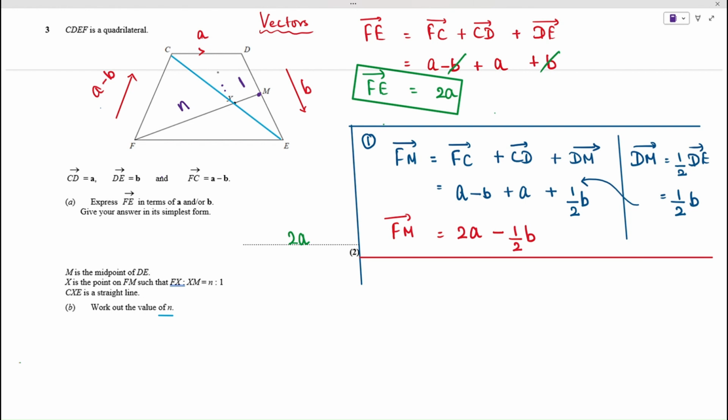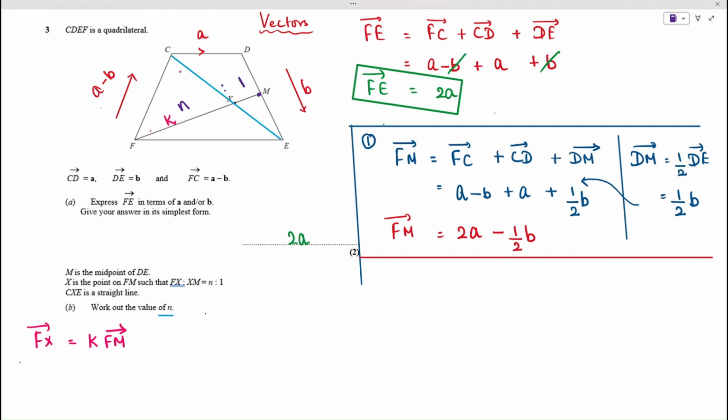We're now going to find FX. For F to X, we're going to use a constant k. And k is a fraction that when multiplied by F to M gives us F to X. So F to X is equal to k times F to M. So this is our fraction multiplied by our route.